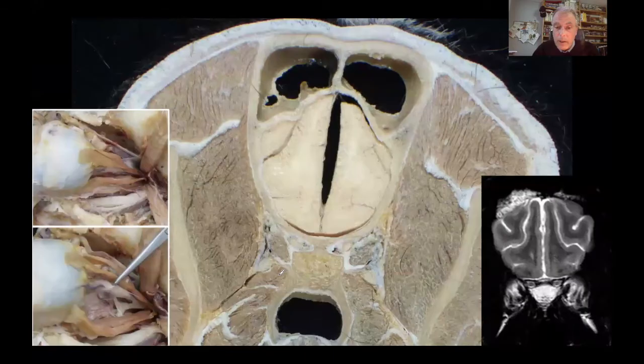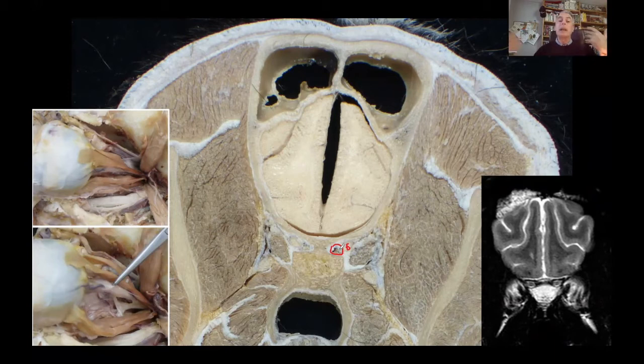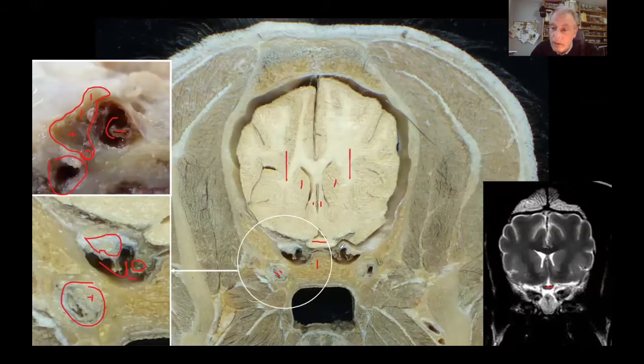Remember, as we go a bit caudal here, that together with the optic nerve, what do we have? We have vascular structures, the internal ophthalmic artery, and some veins, right, that will progress caudally and they will become part of the cavernous sinus.